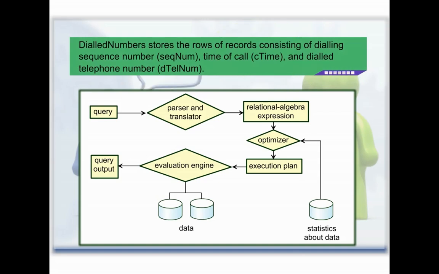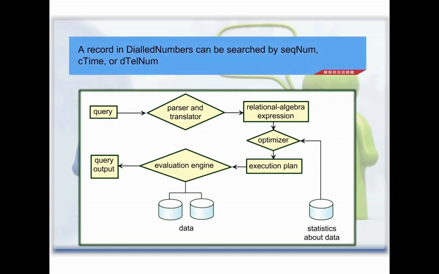Dial numbers stores rows of records consisting of dialing sequence number SEQNUM, time of call CTIME, and dial telephone number DTELNUM. A record of dial numbers can be searched by SEQNUM, CTIME, or DTELNUM.